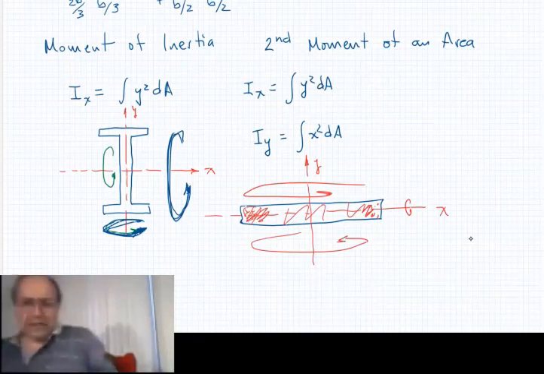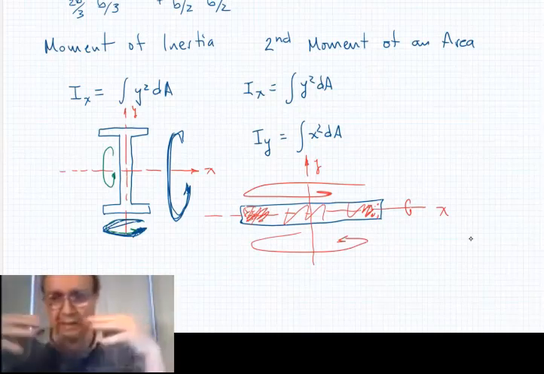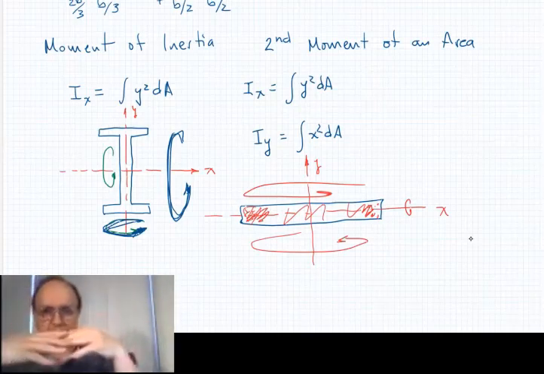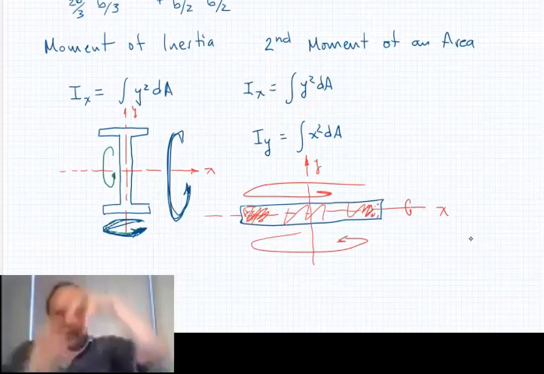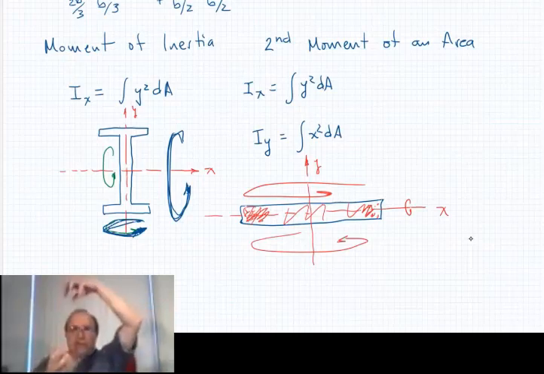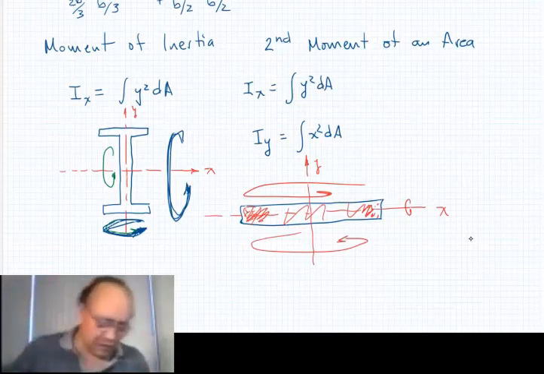This moment of inertia has to do with how the area is distributed around the axis. If the area is mostly very close to the axis, the inertia is going to be little. If the area is distributed very far from the axis, then there is more motion, more rotation energy, if you want to call it.